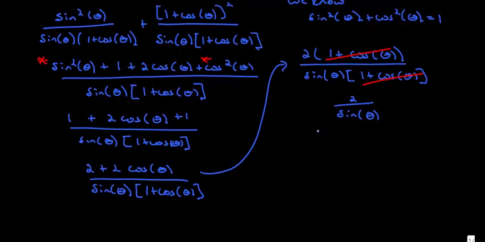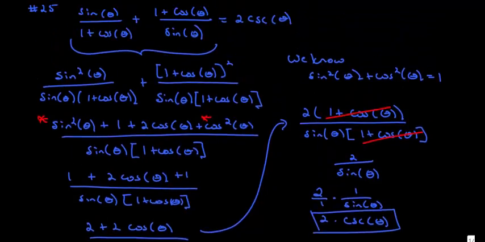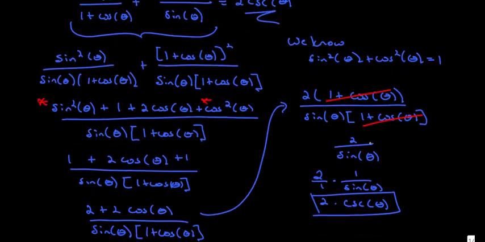So this is really 2 over 1 times 1 over sine theta, and 1 over sine theta is cosecant. And that's what we wanted it to equal. So these steps right here are my proof.